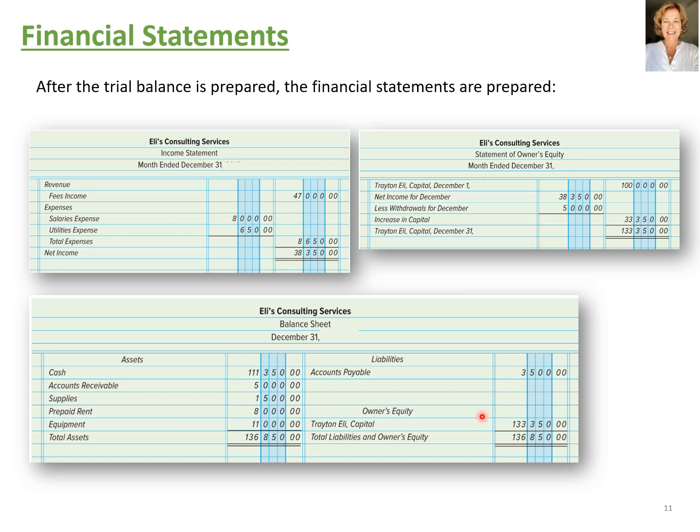We then list owner's equity, another form of liability that the business has, and we enter the Trayton Eli ending capital balance of $133,350, which we got from the statement of owner's equity, for a total of $136,850. And we again see that our accounting equation of assets equals liabilities and owner's equity still holds true: $136,850 on one side and $136,850 on the other side.